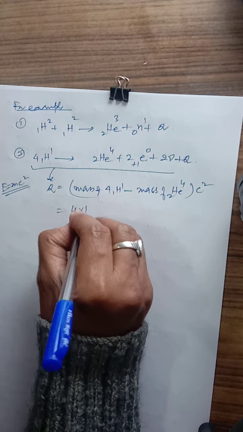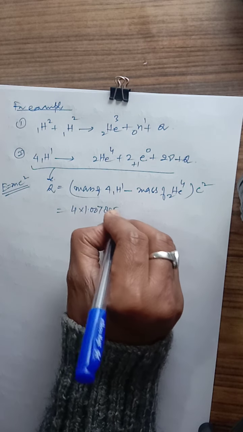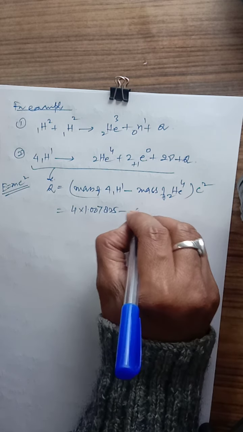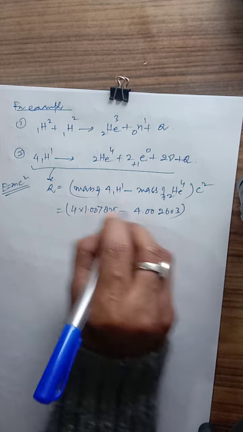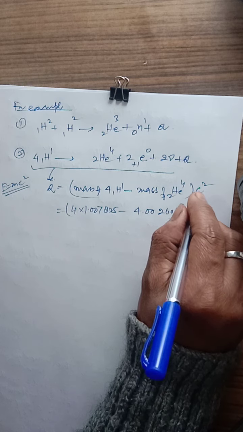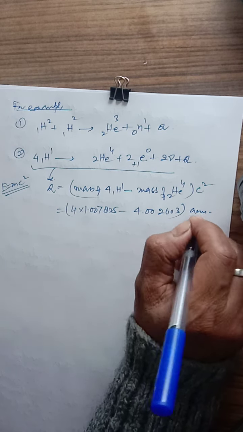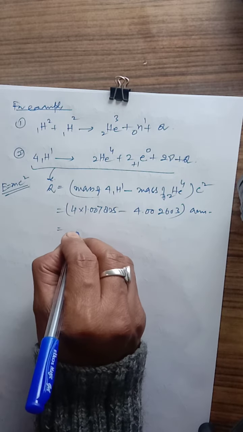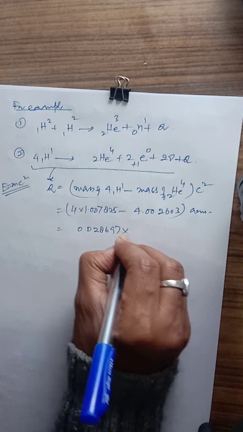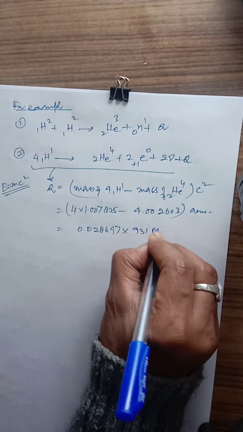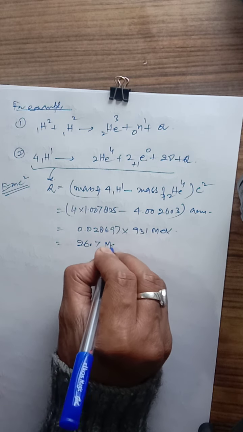The mass of helium is 4.002603 AMU. So it will give you 0.028697 into 931 mega electron volt. So it is 26.7 mega electron volt.